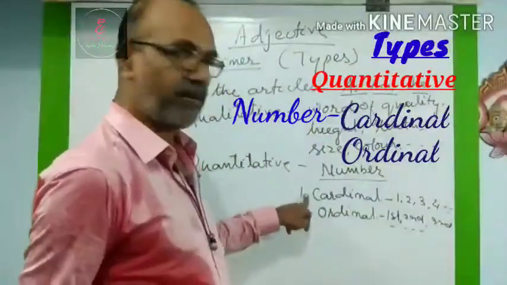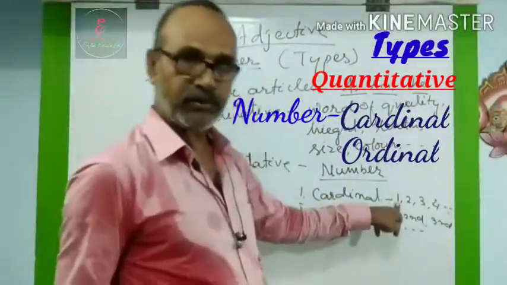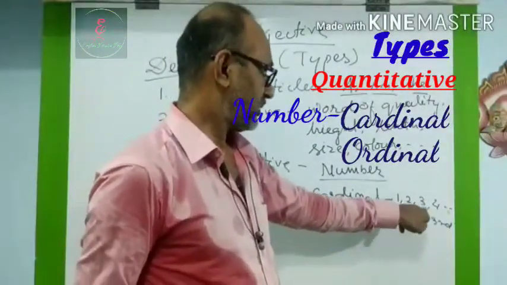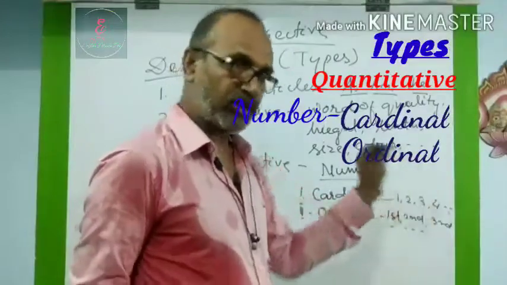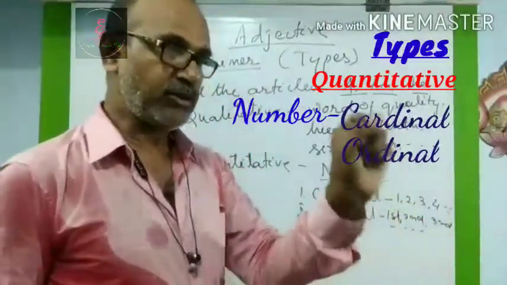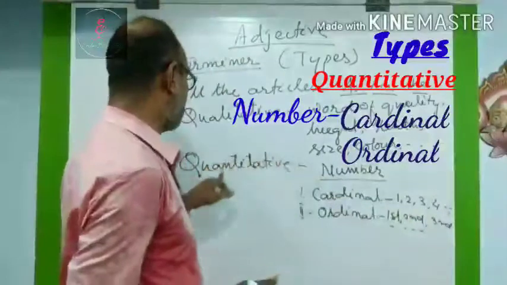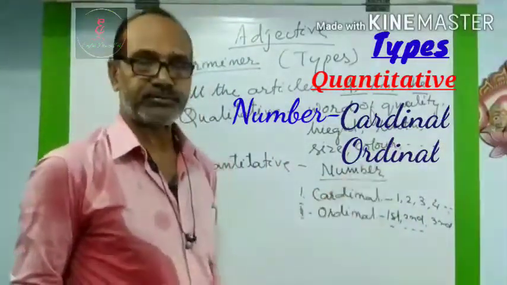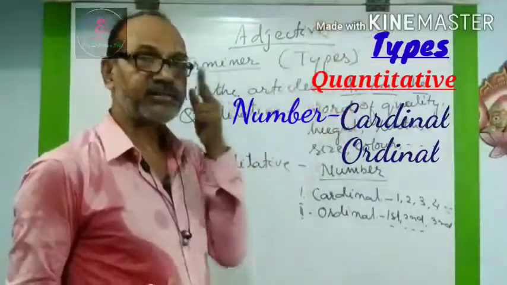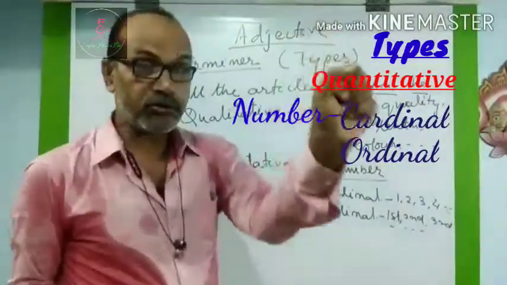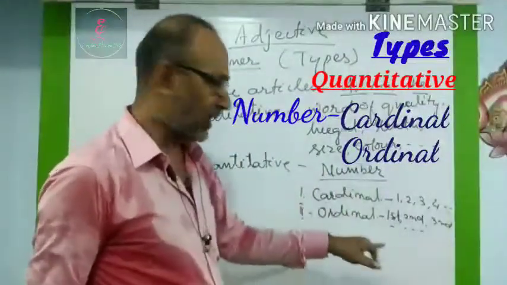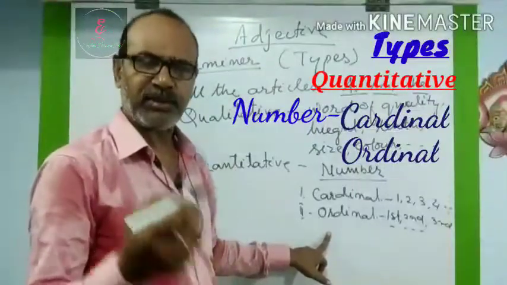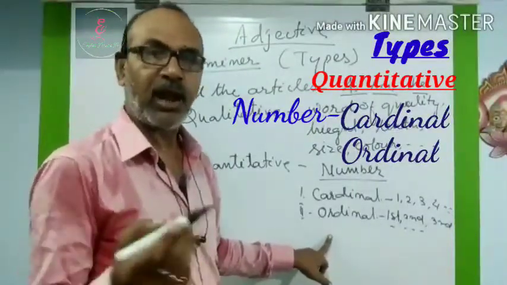For example, one boy, two girls, three cows. When 1, 2, 3 are used before any noun, that is a quantitative determiner. And here: the first row, the third street, the fourth house. All these are also ordinals. As you use them in sentences, you can easily understand.